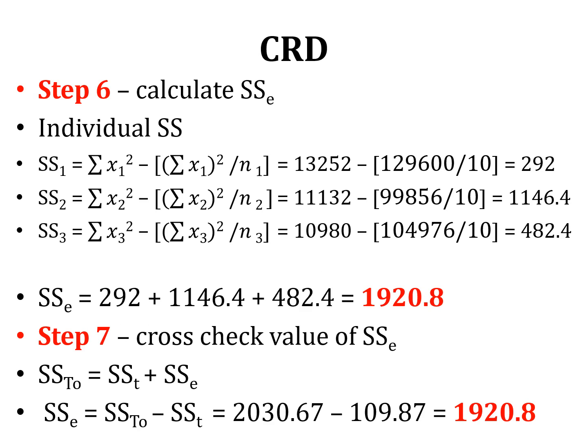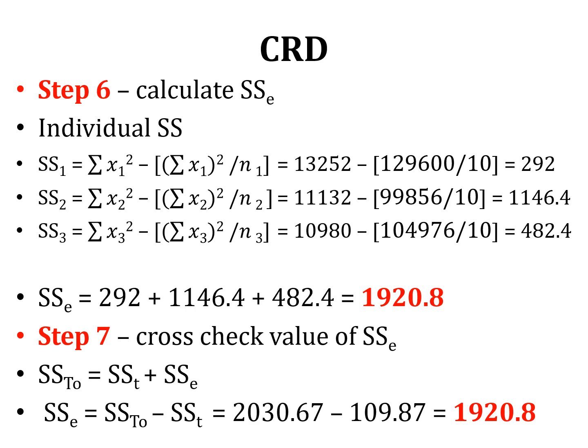Now calculate the sum of squares for experimental error, which is the sum of squares within. For that purpose, we calculate the individual sum of squares using this formula: the summation x1 square minus the summation x1 whole square divided by n1, which is the number of observations in sample number 1.